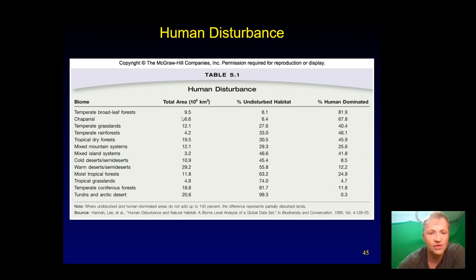Then the next one would be chaparral, which is a kind of grassland, savanna type. That's 67.8%. So 67.8% of all chaparral environments are now human dominated. And we can go down that list, where for tundra and Arctic only about 0.3% is human dominated, so it's very untouched. But as we're going to learn, that area is suffering as well due to global climate change. So we're messing everything up.